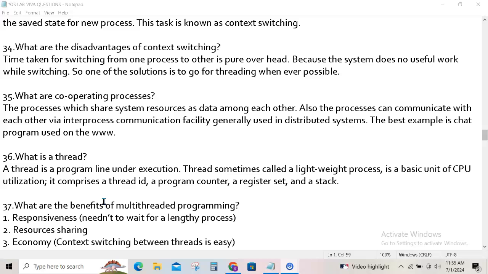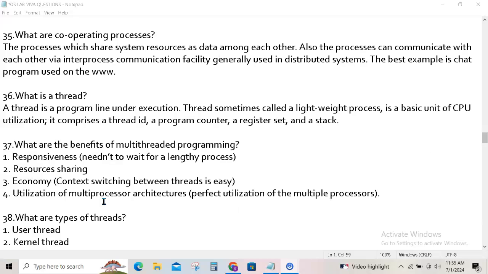Next, what are threads? Threads are lightweight processes. They are the basic unit of CPU utilization. You can also call it a line of a program under execution. Each thread has a thread ID, a program counter, a set of registers, and a stack.